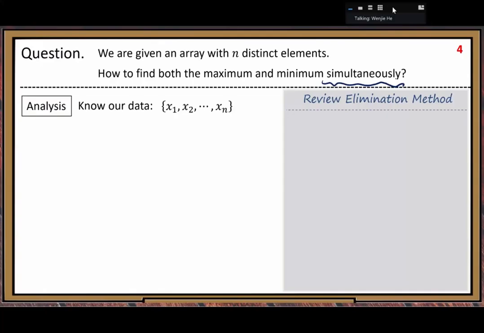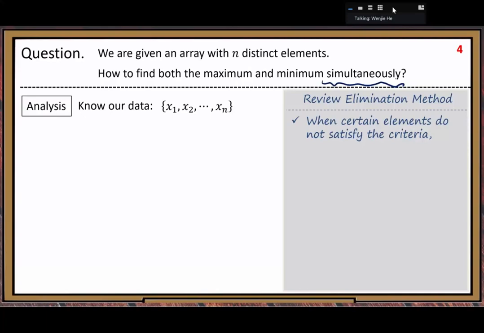Here, let me explain some properties of this method. When certain elements do not satisfy the criteria, for example, you need to determine some special element that satisfies certain criteria. For example, it must be the minimum, it must be the maximum, or it must be the median.